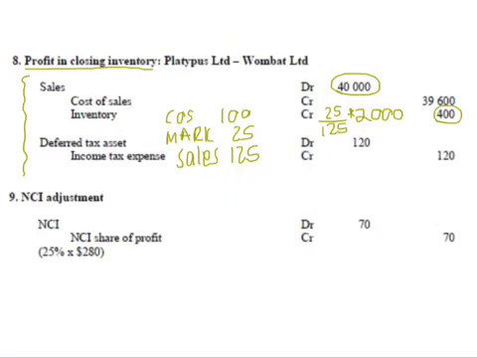So that gives us a figure of 400. So our inventory has to be reduced by 400 to effectively eliminate that unrealized profit. In this question, you didn't have any further information to calculate the cost of sales on its own, so it's sufficient to just calculate it as the balancing figure in this entry, because this is a standard entry that we pass.